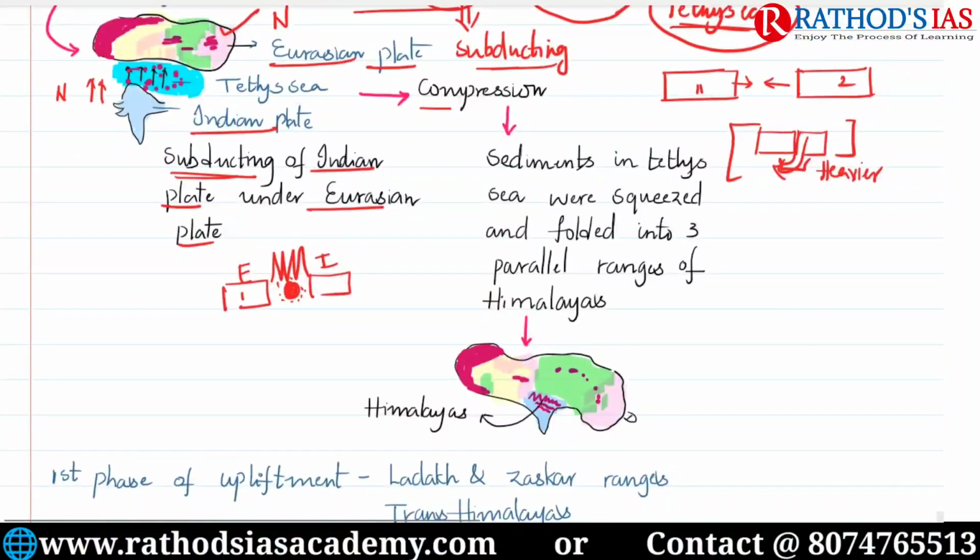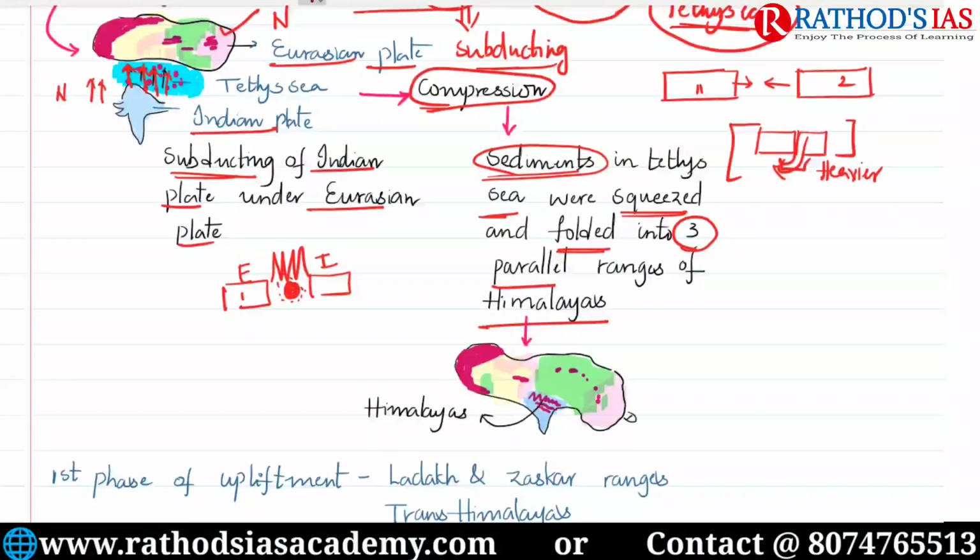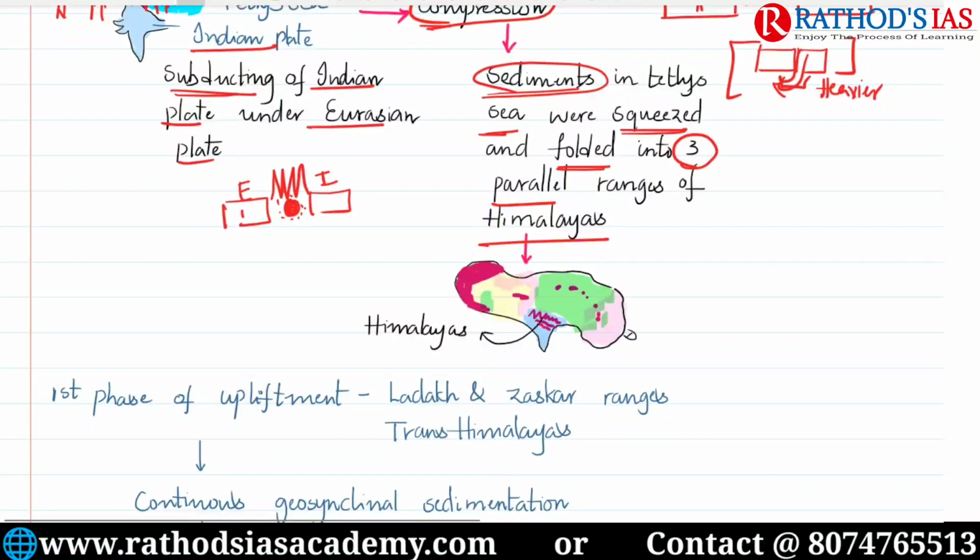Because of this compression, whenever the two plates move towards each other, or whenever the Indo-Australian plate moves towards the Eurasian plate, the sediments present in the Tethys Sea were squeezed and folded into three parallel ranges of Himalayas. After the Indo-Australian plate moved and hit the Eurasian plate, that led to the formation of Himalayas. You can see the Himalayas shown here in this manner.